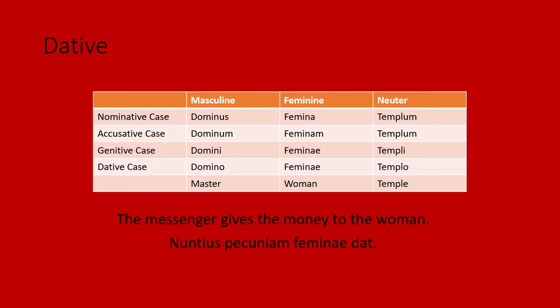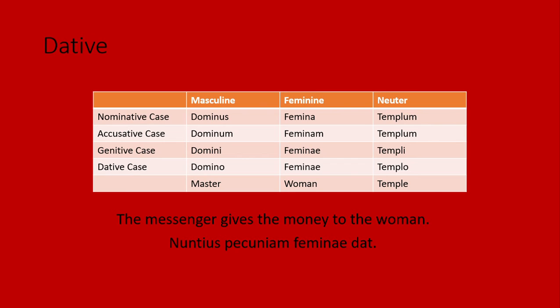So here we have domino and templo in the second declension, and we have feminae in the first declension, feminine. The messenger gives the money to the woman. So the messenger, nuntius, is the subject.